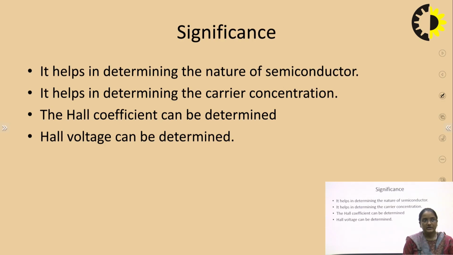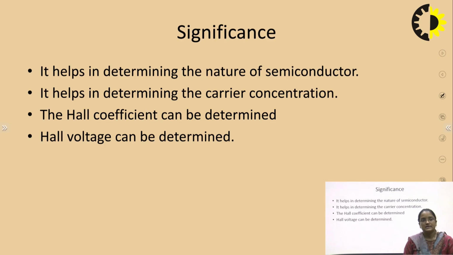By nature, we mean whether it is p-type or n-type. If the majority charge carriers are holes, then it is p-type. If the majority charge carriers are electrons, then it is n-type. So by using this method, we can determine the type or nature of the semiconductor material.